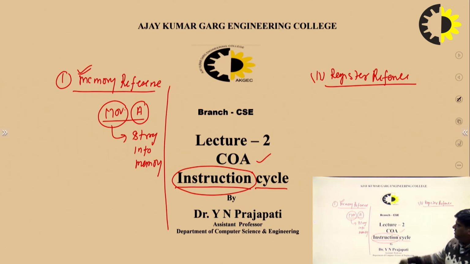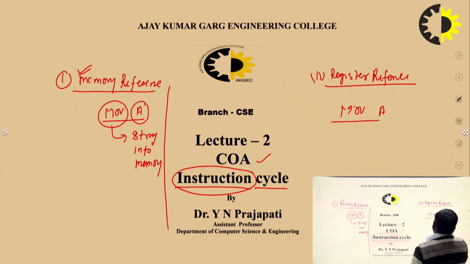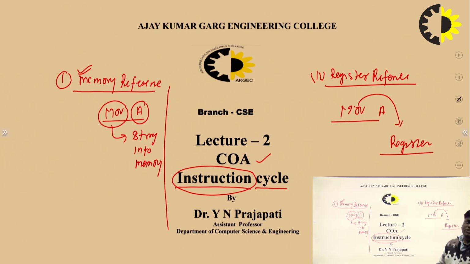Similarly, if an instruction is executed from a register into a CPU, then that instruction is known as register reference. MOVE A, if this instruction is contained in a register, then we can say this instruction is known as register reference.